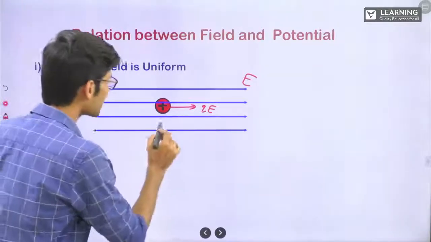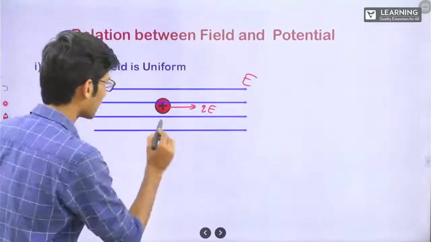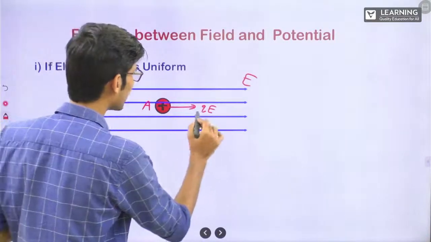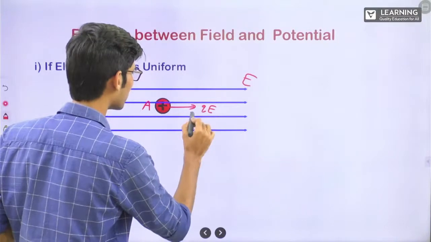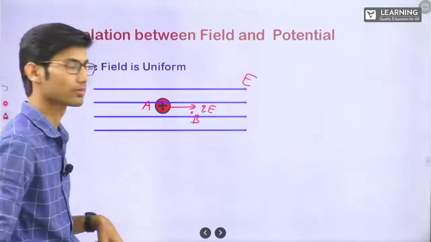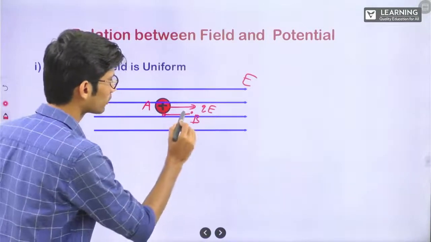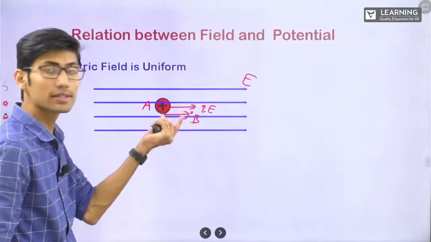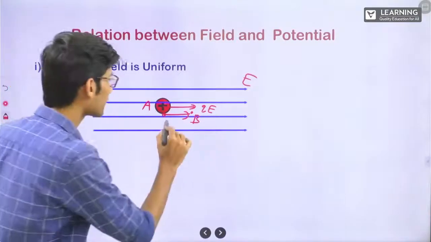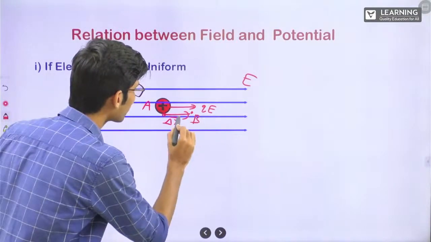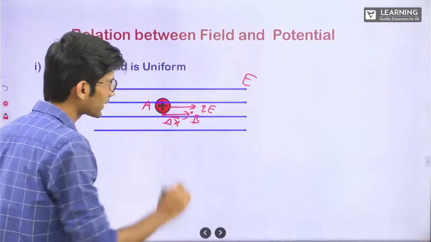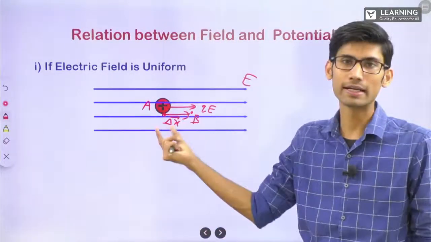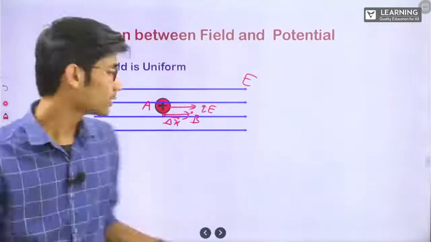Now let's say this is at some point A. I have to move it from point A to some point B. This distance, if I take in vector, I can take it as delta x vector. It has moved delta x vector. Vector means direction is from A to B, delta x is the distance moved. Clear?